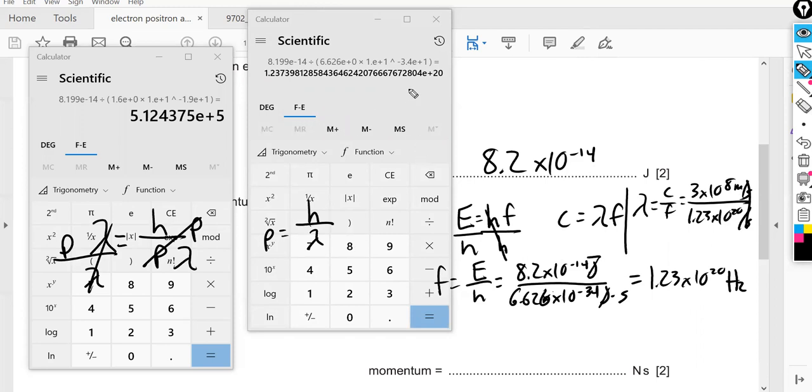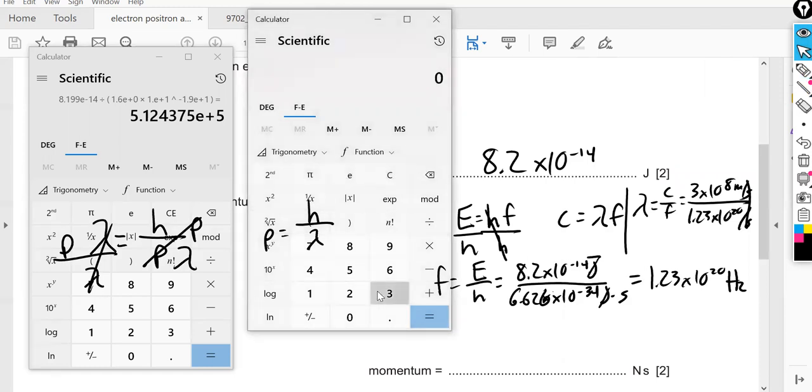All right, so we've got 3 by 10⁸ divided by 1.23 by 10²⁰.